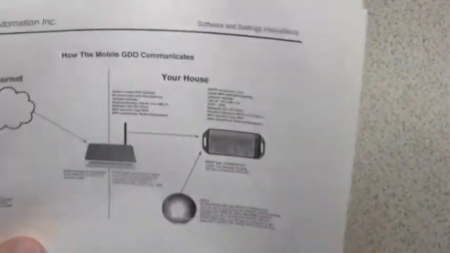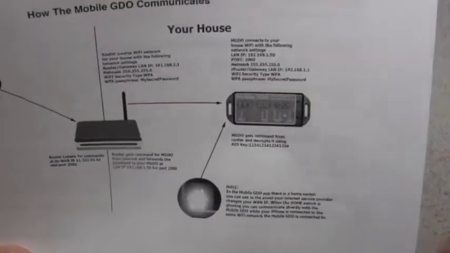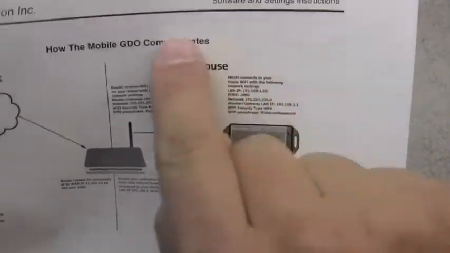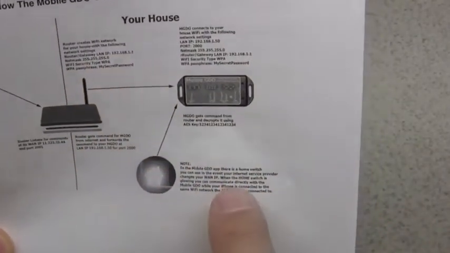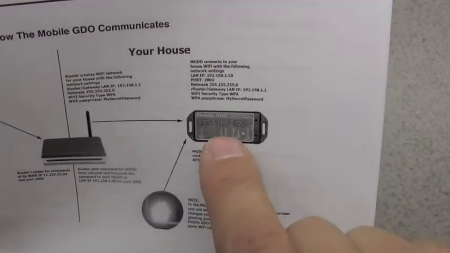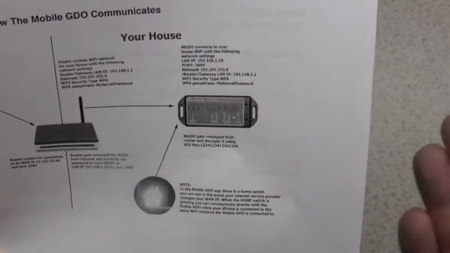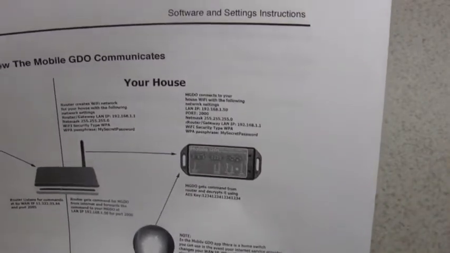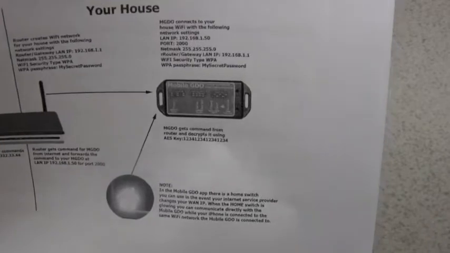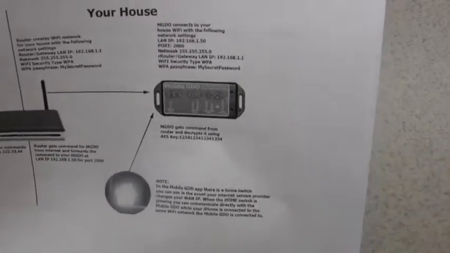You have a handy dandy little diagram. Kind of explains how this all works. So here's your mobile GDO. This is your house and this is your network on it. So what happens is this has to have an address on your local network, and it has to be static so that it never changes, so that you can always contact your GDO and tell it to open or close your door, or tell you if it is open or closed.